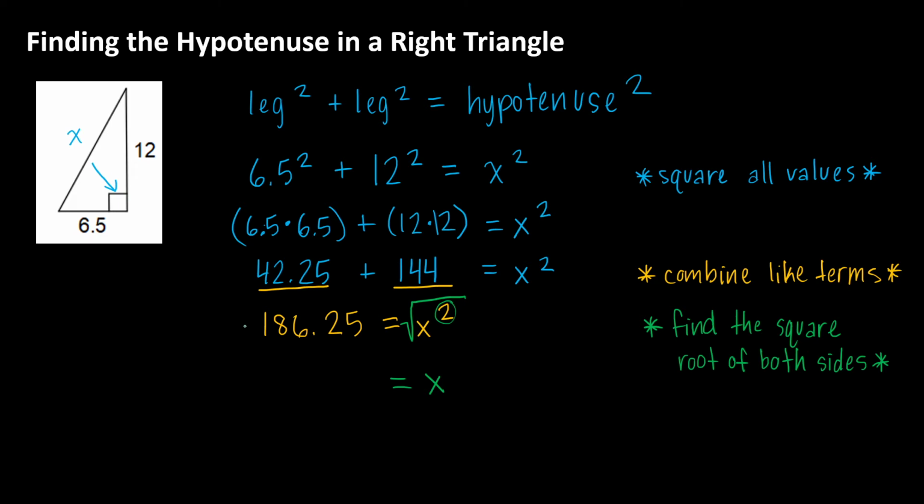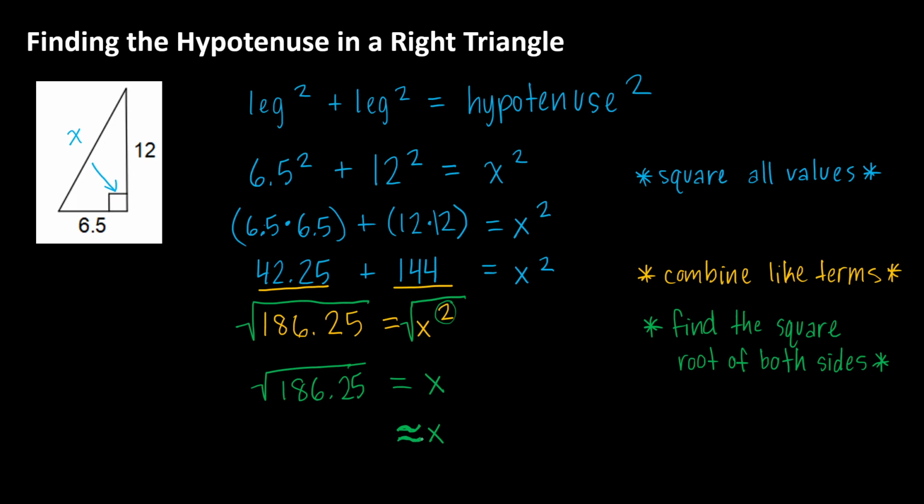And now we're going to take the square root of 186.25. So x is going to equal the square root of 186.25. Again, this is where a calculator is going to come in handy. We're actually going to estimate this value. We're going to round to the nearest tenth.